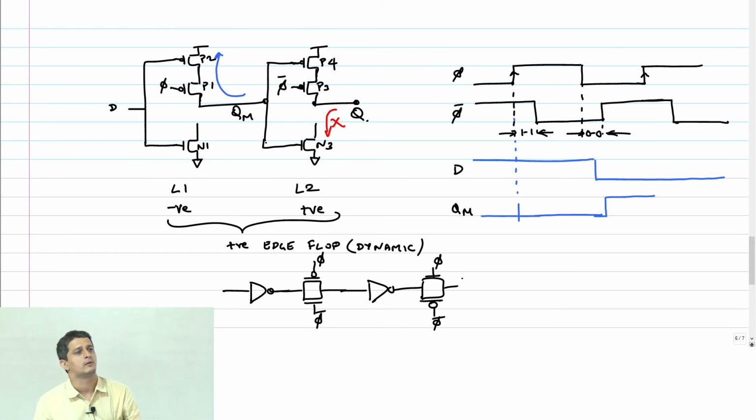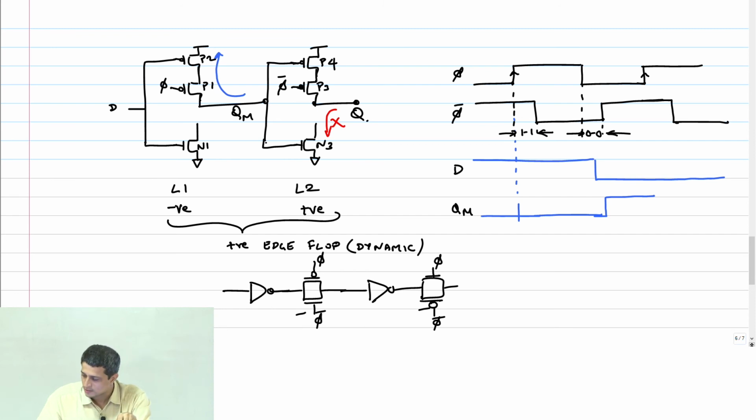I cannot do that here. The same thing will not hold, because now for both 0 and 1, these two transmission gates will conduct, and therefore I have a race path available. What is doing the trick is making the 0 conduct only through the NMOS, making the 1 go only through the PMOS, and then there is a logic inversion in between, which is ensuring that these two are complementary to each other. Clear?